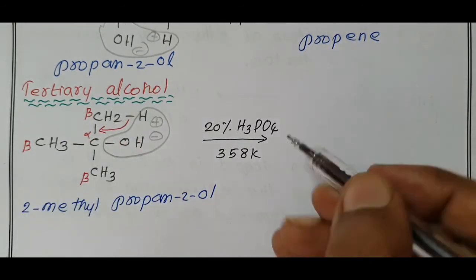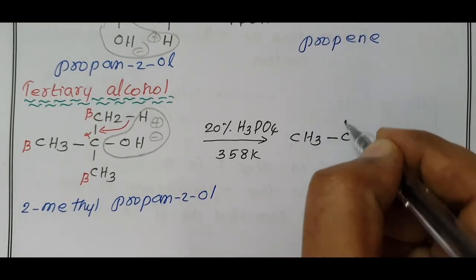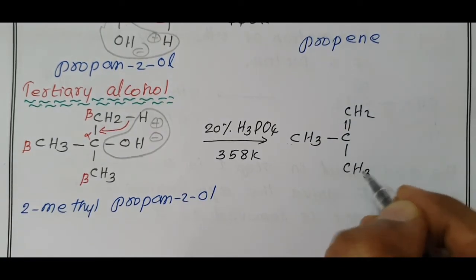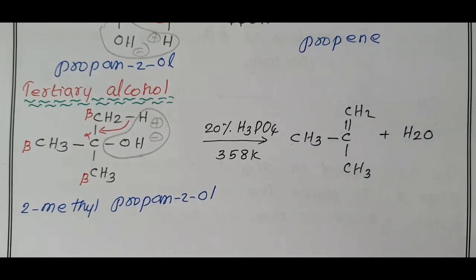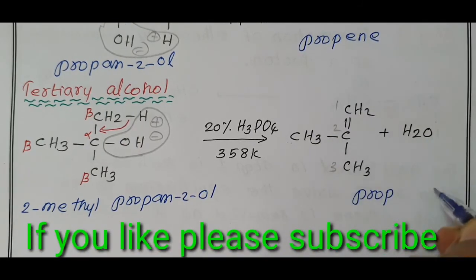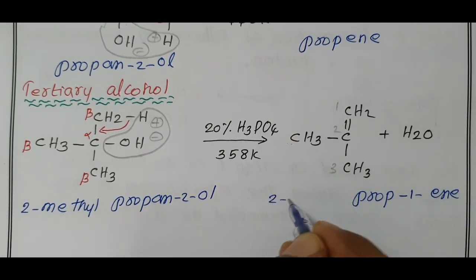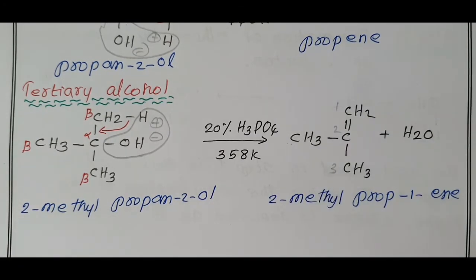What is the product obtained? CH3, C, double bond CH2, here you have one CH3, plus loss of H2O water molecule. When you give numbering 1, 2, 3, common name isobutylene, IUPAC name: 3 carbon, propane, carbon double bond, position of double bond 1, in the second carbon there is 1 methyl, 2 methyl, prop-1-ene.